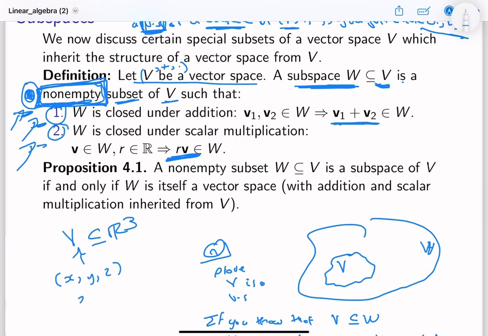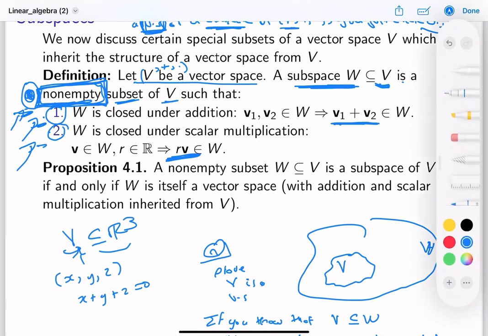For example, you impose that their sum is 0, right? And you face the question: prove that this is a vector space. Well, instead of having to check all 10 axioms, now you only need to prove that this is a subspace of R cubed, which means it's enough to prove 0, 1, and 2, and that's it. Now, if you do that, you get that this is a vector space.